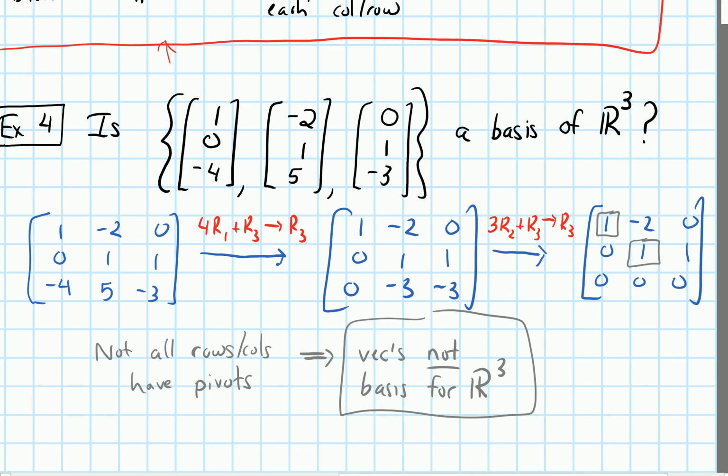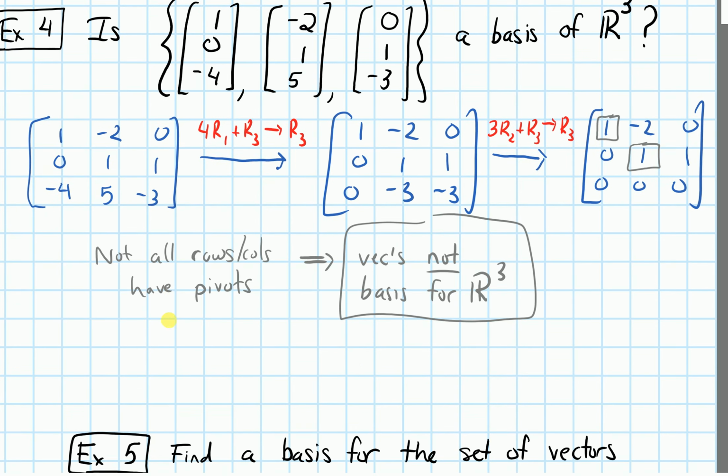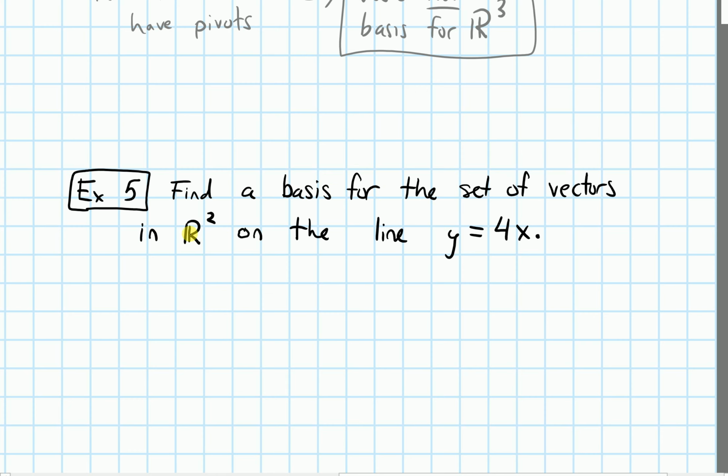Okay, so I want to end with one more quick example. Let's find a basis for the set of vectors in R2 that are on the line y equals 4x. Let's draw a picture to help us visualize what's going on here. Let's draw our x, y axes, and then draw the line y equals 4x.